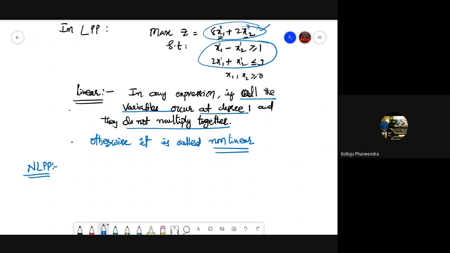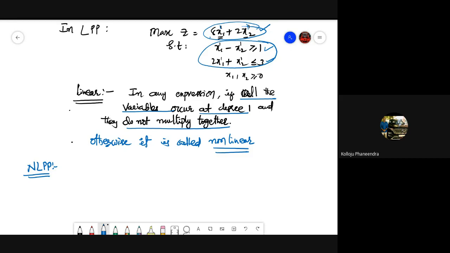Either the objective function or at least one of the constraints is non-linear, or both. Non-linear means the variables occur at more than 1 degree or they multiply together. That is meant by non-linearity. Then it is called non-linear programming problem.